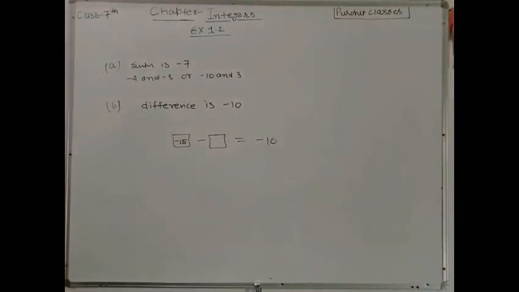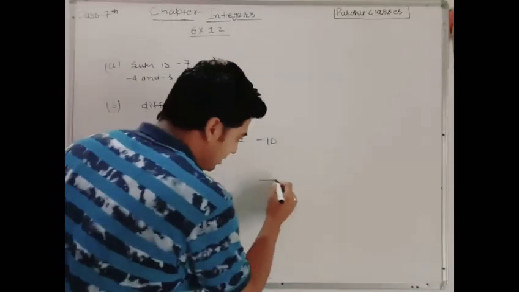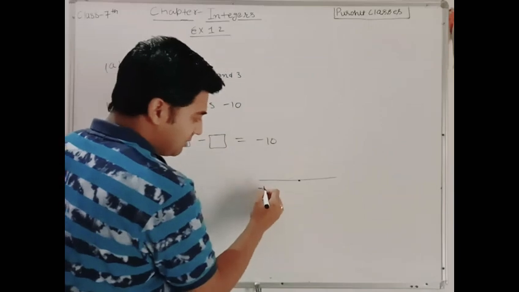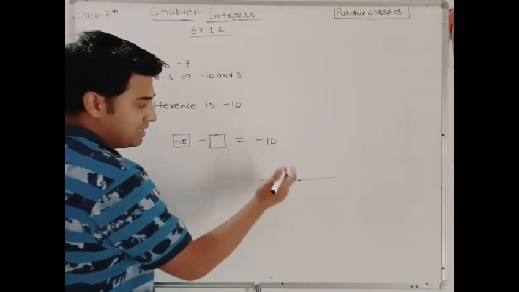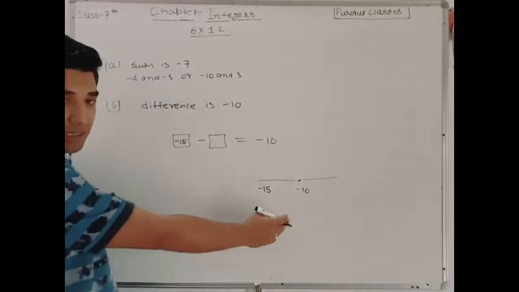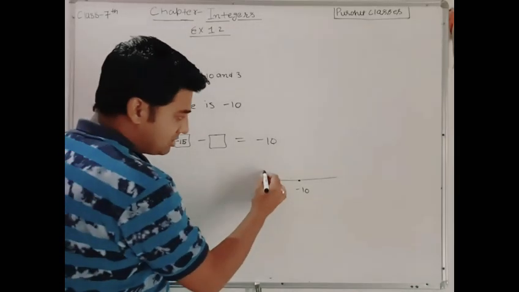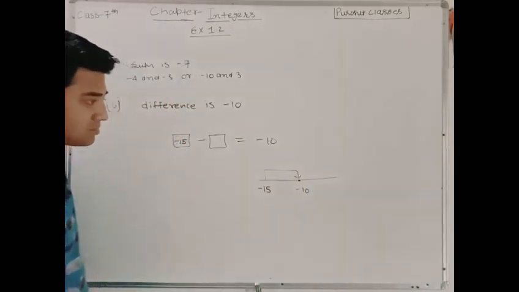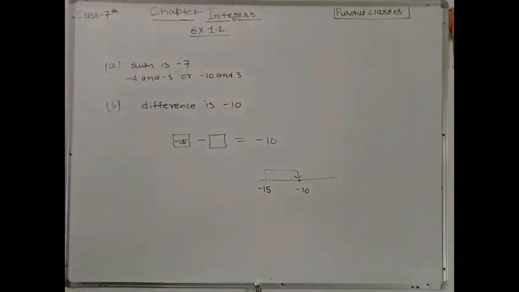Understood? Now tell me, if this is a number line, I am at -15 and what I have to get? -10. Let us say -10 is lying somewhere here in the number line. So how many steps should I go? 5 steps. Towards right or left?